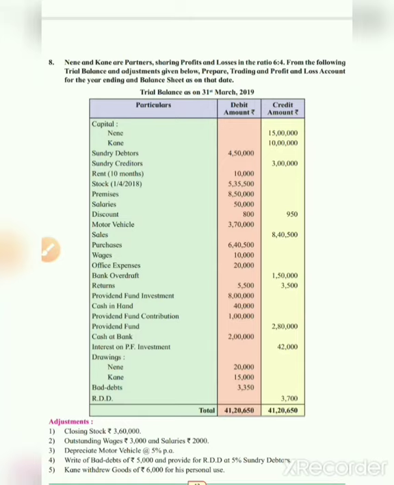So this 6,000 will be shown on credit side of trading account as by goods withdrawn by Kane for personal use by rupees 6,000. And secondly, this 6,000 will be deducted from the capital of Kane. That means earlier drawings of 15,000 and the drawings in goods 6,000. By this way, total drawings of rupees 21,000 will be deducted from the capital of Kane.